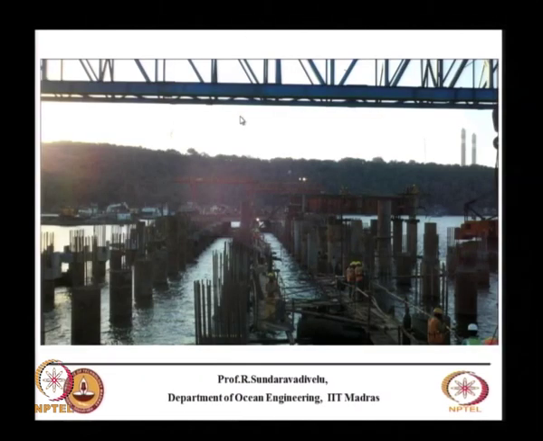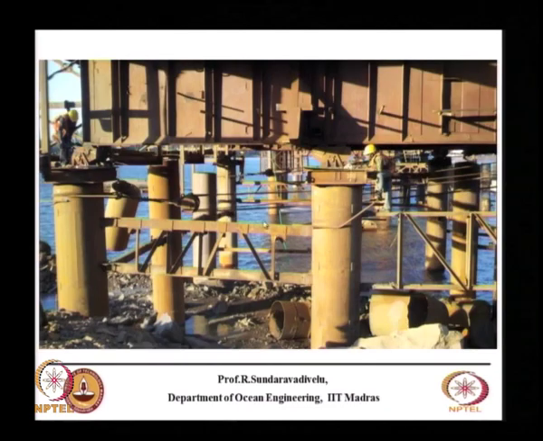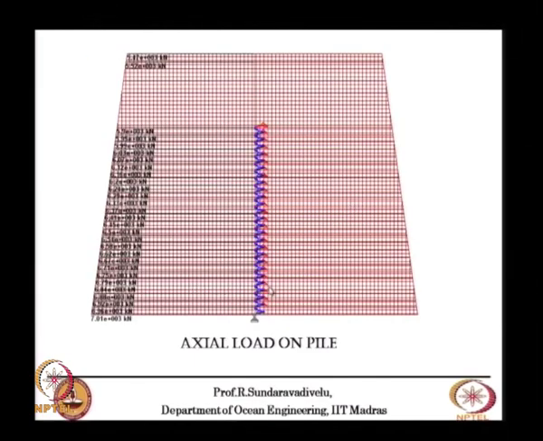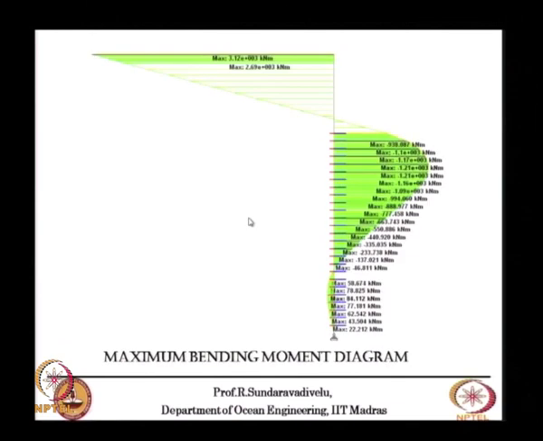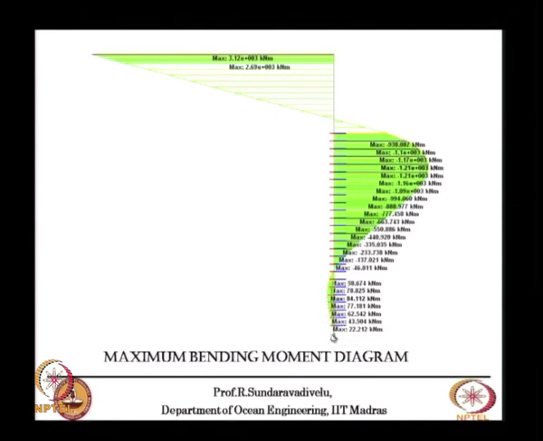values. So these are the piles which are being built during the construction stage. This is the roller over which the pile is moving. This is the axial load on the pile. This is the bending moment for one load combination. So this is the founding level up to which we have done the analysis using the springs here.